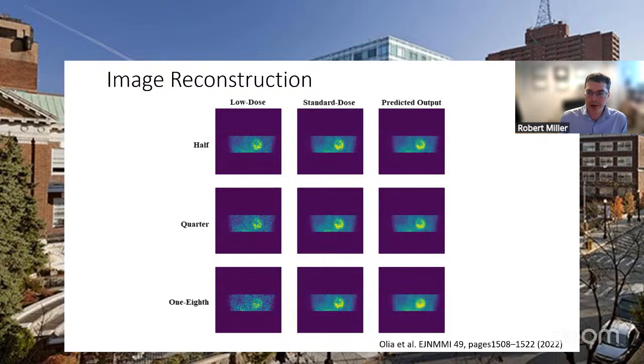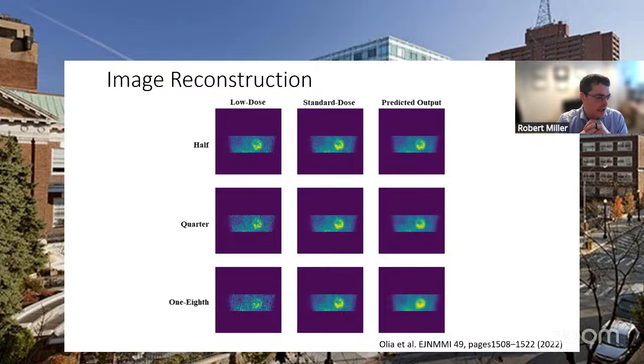Several groups have worked on image reconstruction, and in nuclear cardiology, a lot of our focus is on radiation dose reduction. So because we acquire a nuclear cardiology study over a series of minutes, what you can do is you can actually simulate lower dose images and then use AI to denoise and generate simulated high dose images.